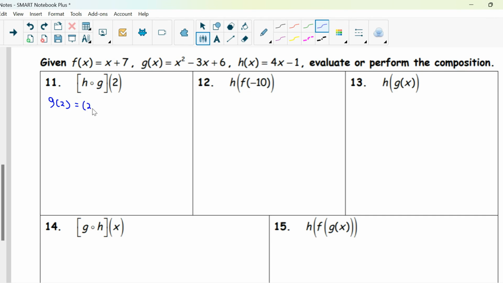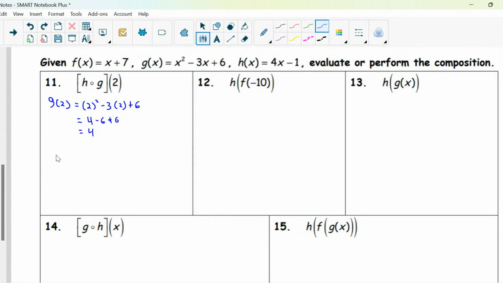I've got 2 squared minus 3 times 2 plus 6. Simplifying this, I've got 4 minus 6 plus 6, which is just going to give me 4. So g of 2 is 4.